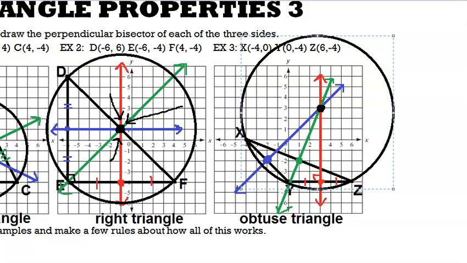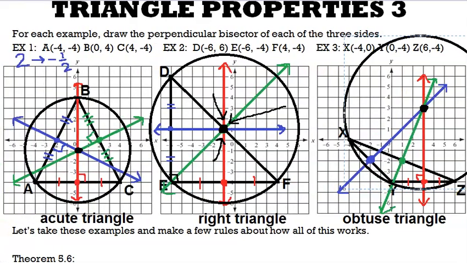In fact, that's actually the pattern here. If your triangle is acute, the place where they all meet up should be inside the triangle, which in this case is 0, -1. In the right triangle, the place where they meet up should actually be on the triangle itself, which in this case was -1, 1.